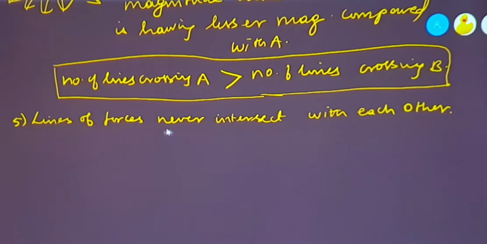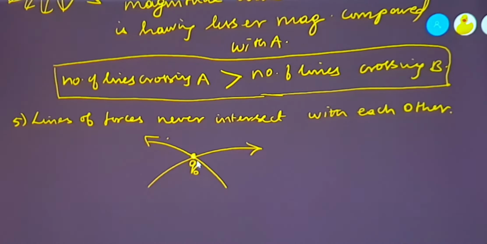In order to consider this, let us have a diagram. I am taking 2 lines of force. One of the lines of force is here, and I am taking another line of force here. According to our concept, they never intersect. But suppose I have drawn 2 lines of force intersecting at a point. In order to understand this concept, at this intersecting point I am placing a test charge.